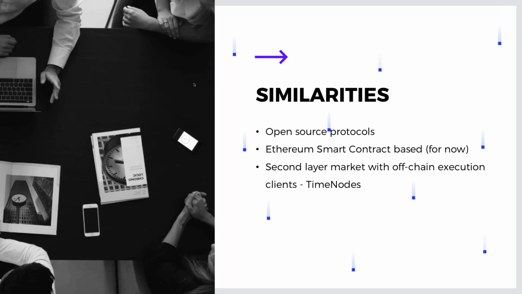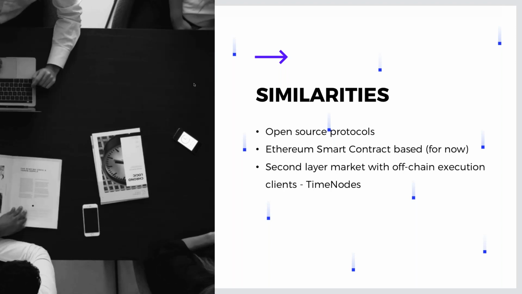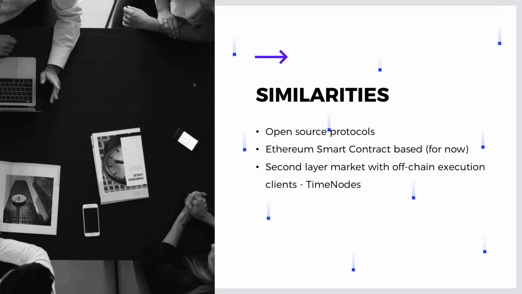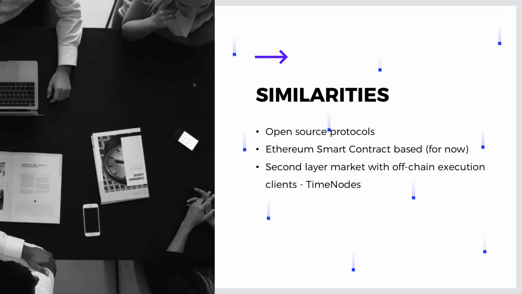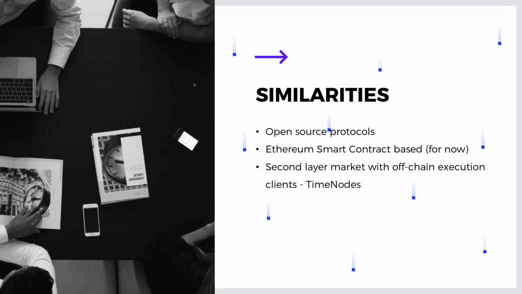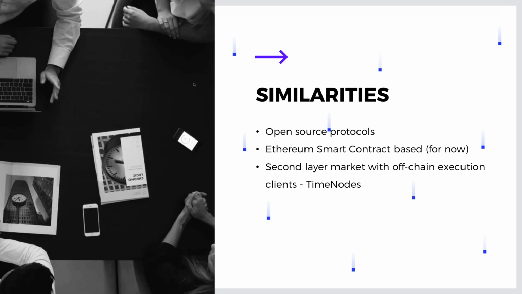Another similarity is that they are both smart contracts based on the Ethereum platform, at least for now. The third thing they have in common is a second layer market.